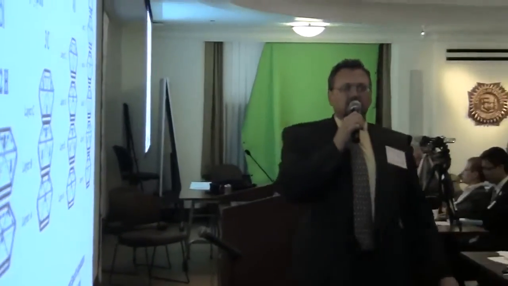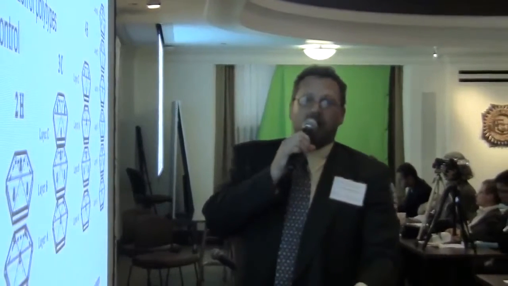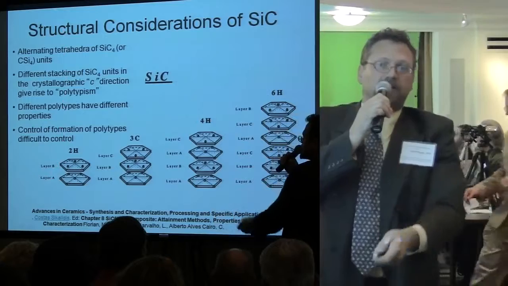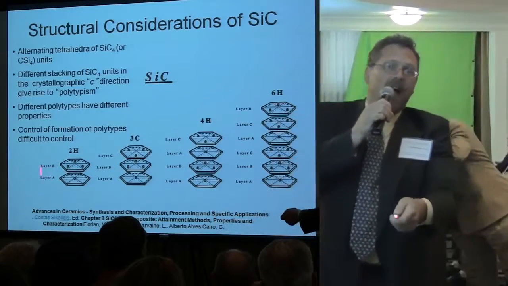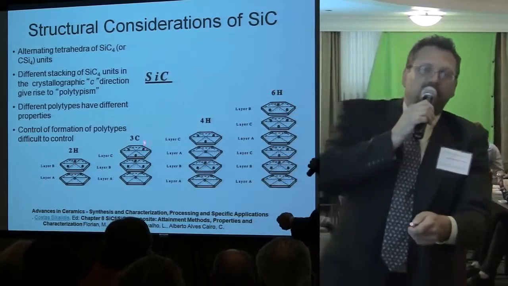So I was kind of hinting toward the different stacking motifs that could occur. And sure enough, there are quite a number of them. You can stack those silicon carbide tetrahedra in different fashions as you go up. Stack up. And these are named historically here, okay? But there are different stacking motifs.